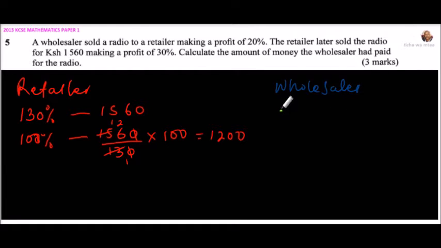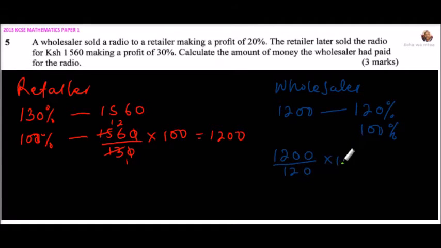This means that 1,200 is the same as made a profit of 20%, so this is 120%. So what is 100%? What he had paid for the radio. So you just say it is 1,200, you divide by 120, you multiply by 100, and that will give you, divide by 12 is 1, divide by 12 is 10.